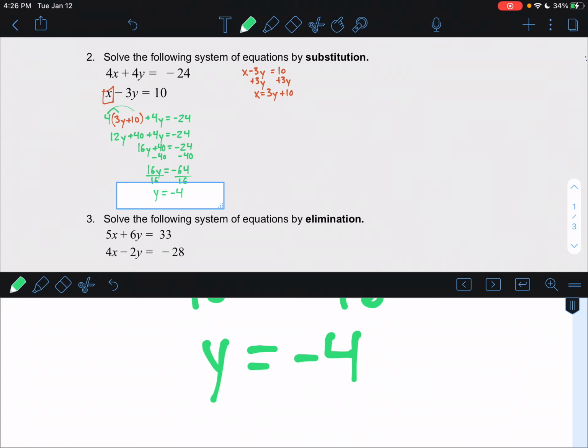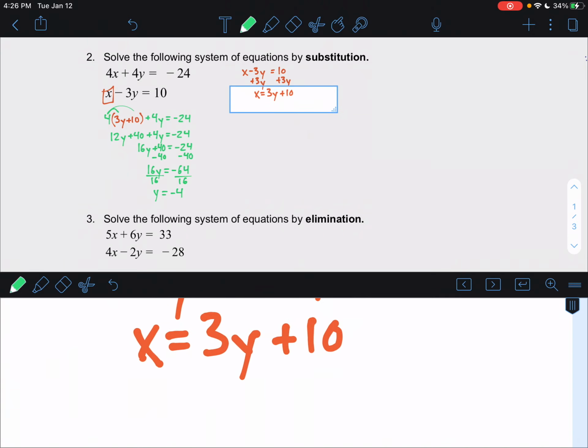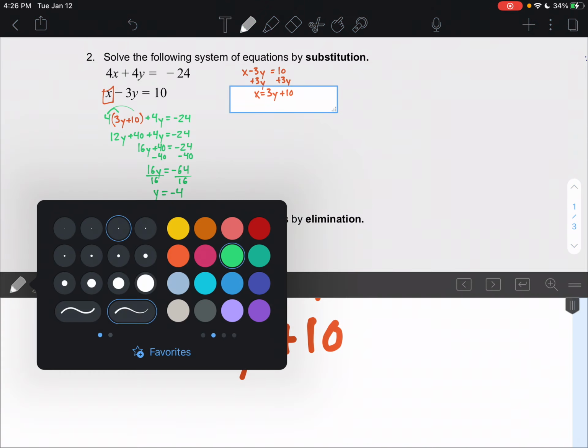So now I know that y equals negative 4, and I can use this to solve x. Because remember, it's a system, it needs two numbers. I need an x and a y. So I'm going to take that and plug it in to here.